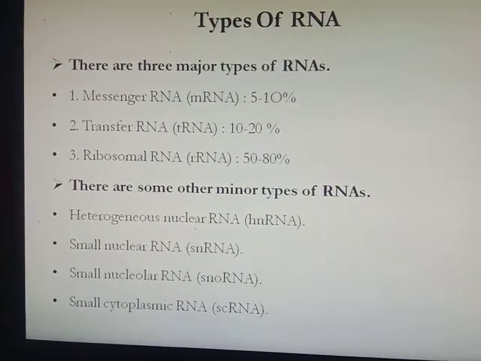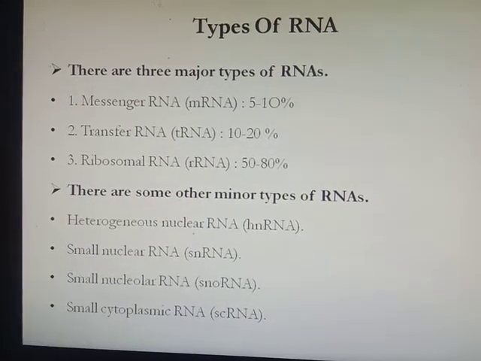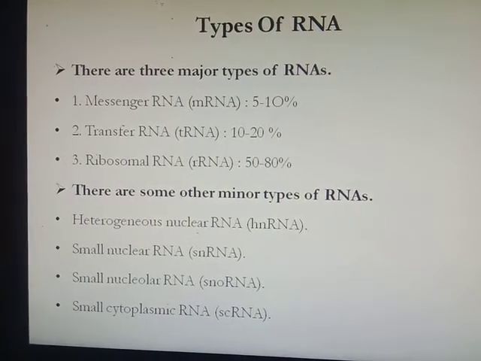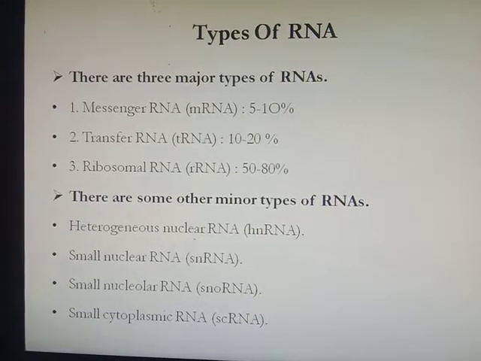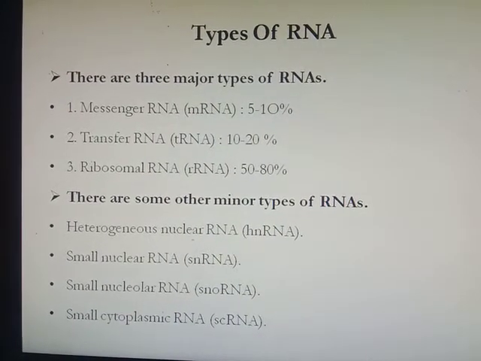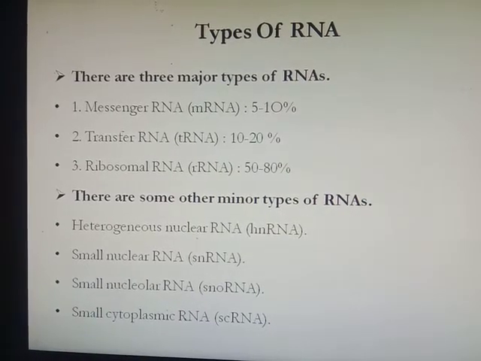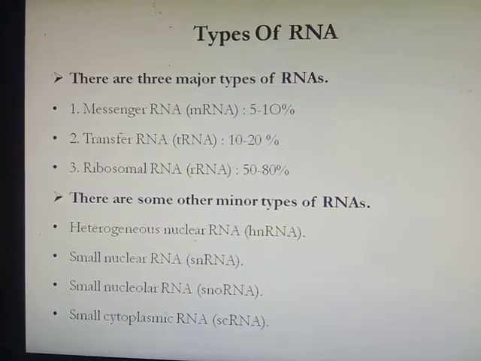Then second is transfer RNA, also called tRNA, which is 10 to 20% of total RNA. And third and major portion of RNA is ribosomal RNA, also called rRNA, which is 50 to 80% of total RNA. Then some other minor RNAs are heterogeneous nuclear RNA, also called hnRNA.